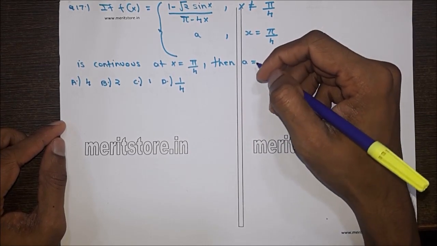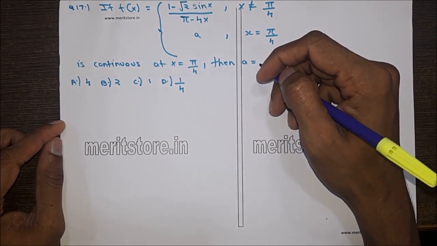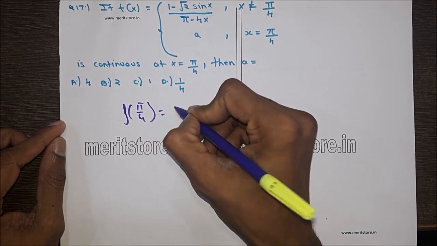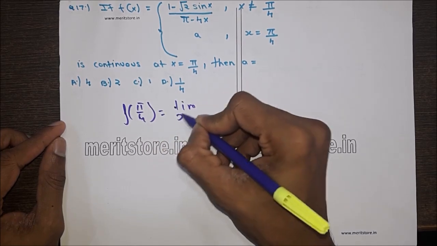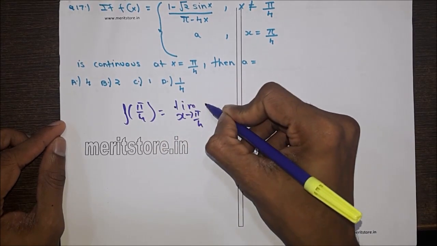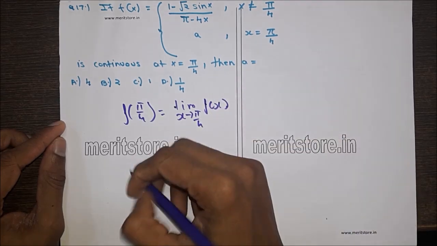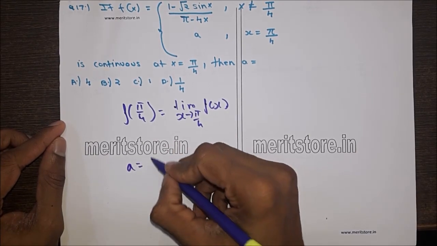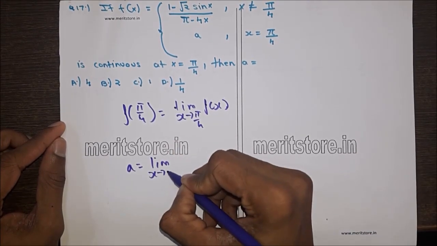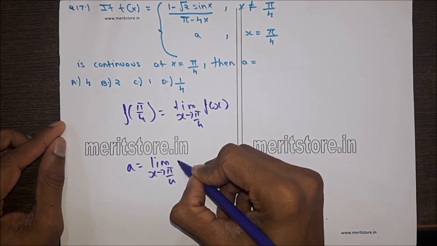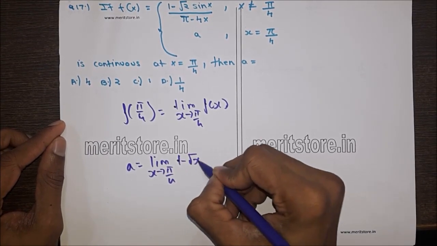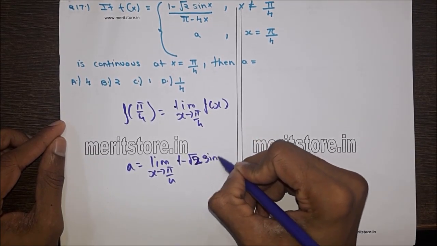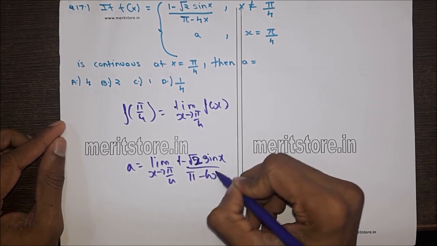So function f of x is continuous at x is equal to pi by 4, so we get f of pi by 4 equal to limit x approaches to pi by 4 f of x, where f of pi by 4 is equal to a, and f of x we can write as (1 − root 2 sin x) upon pi minus 4x.